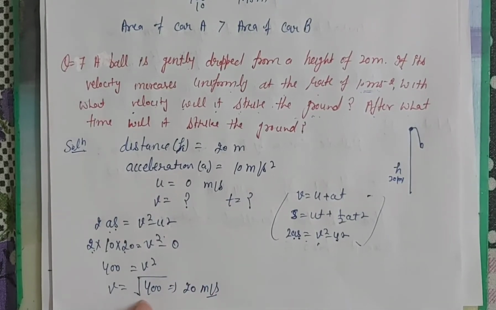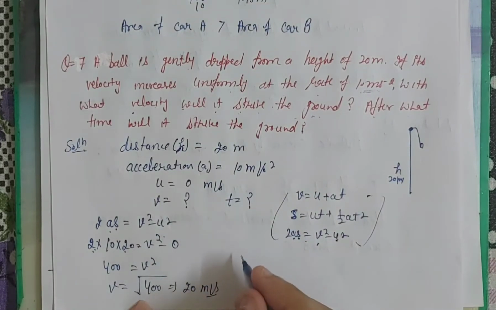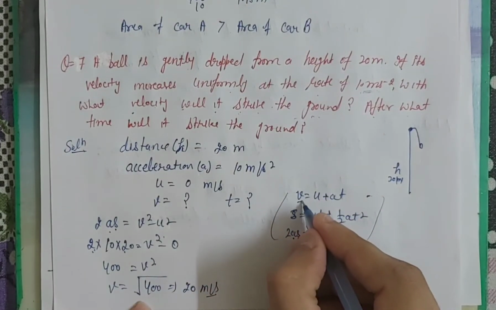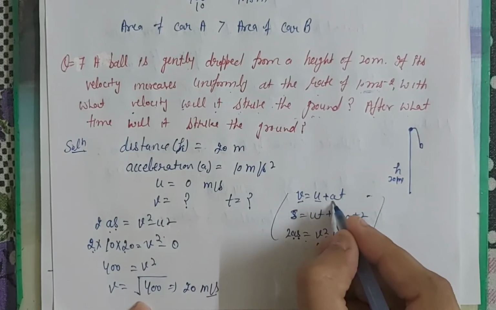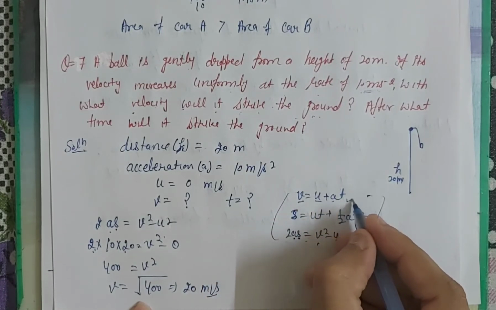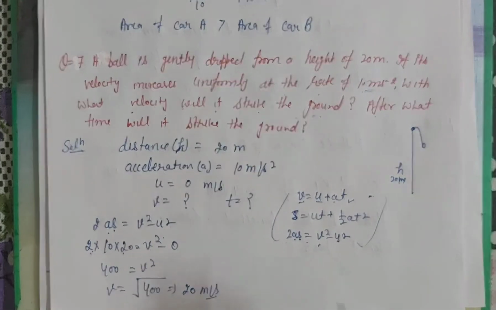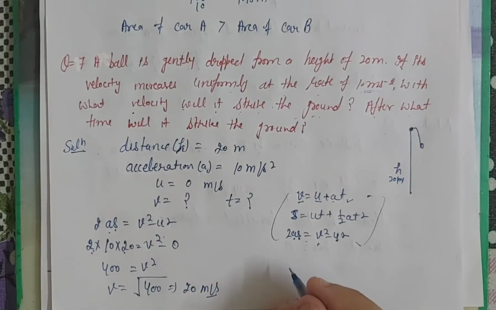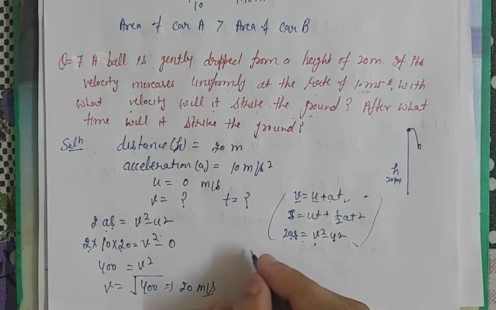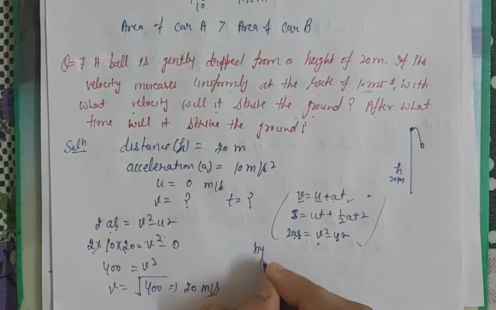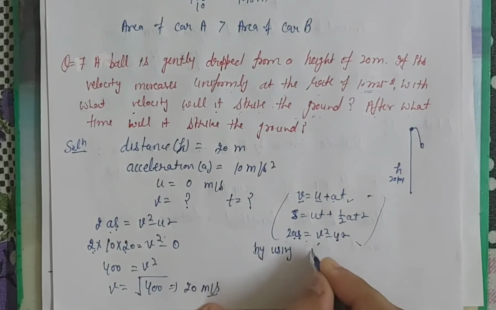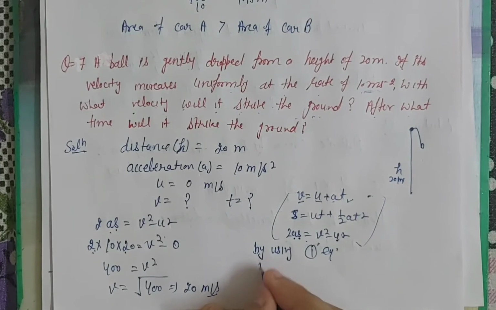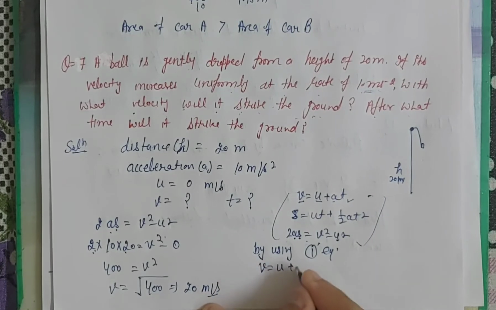Okay, now how can we find out the value of t? Now we have the value of v, and we have the values of u and a, so we can easily find out the value of t. Now use the first equation, that is v is equal to u plus at.